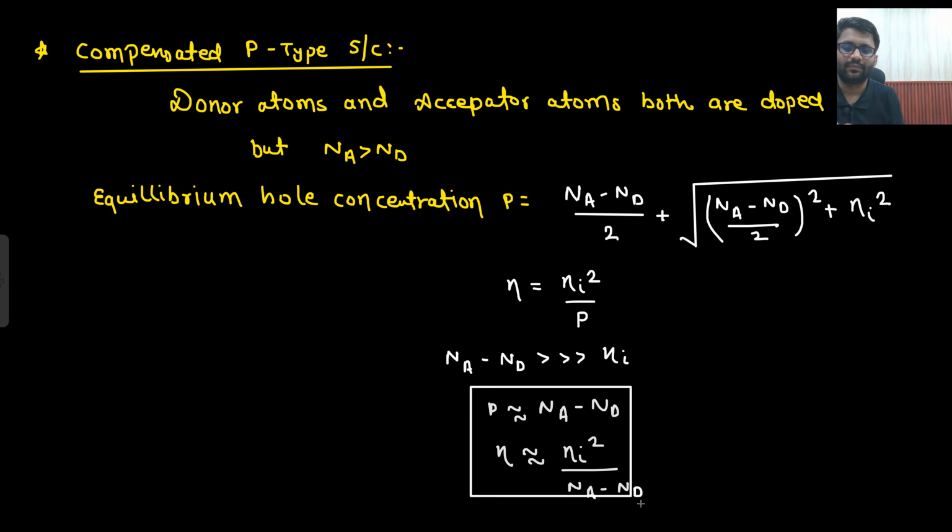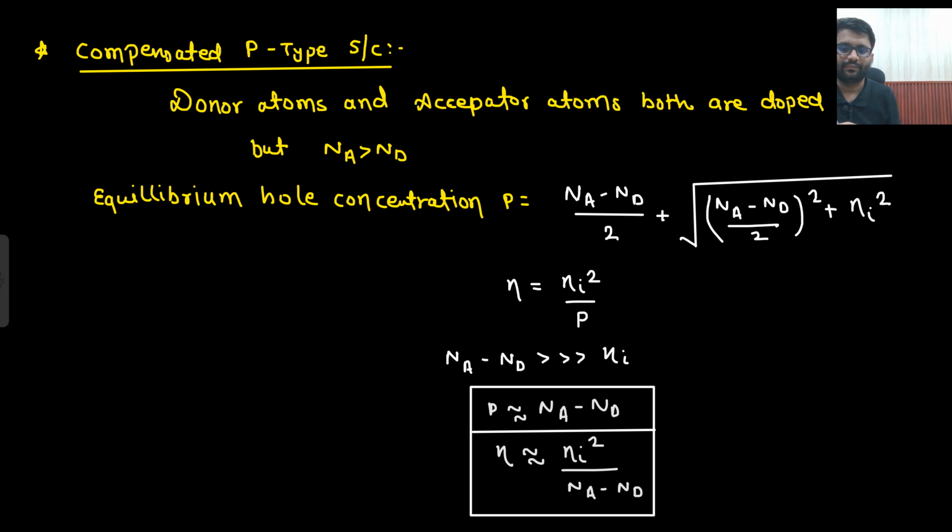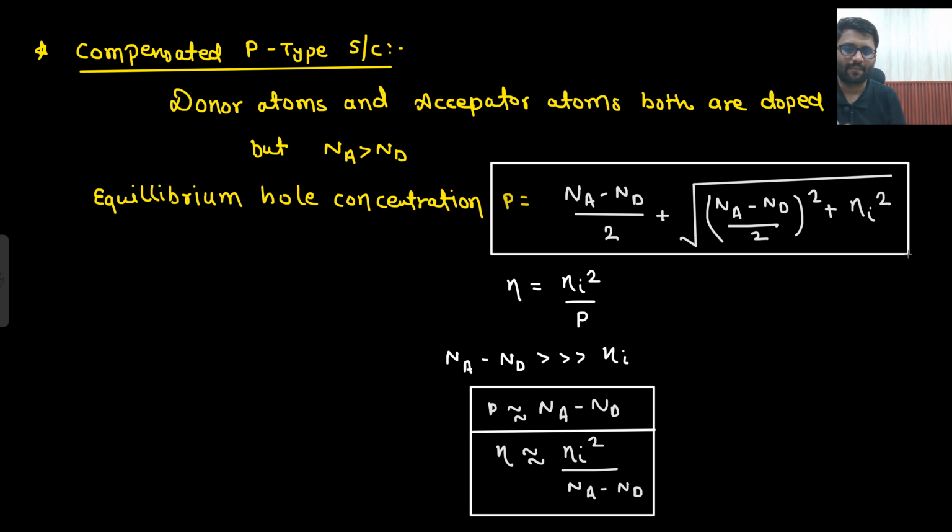There you go. Not tough to remember, everything is easy, because you know that Na is already greater than Nd because it is compensated p type.